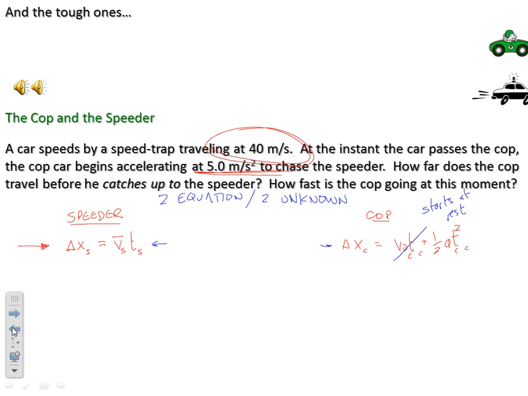And then we have to say, well, there's two equations with two unknowns. We don't know how far the speeder went or for what amount of time he traveled. We don't know how far the cop went or for what amount of time he traveled, but we do know that we can connect them because it says, look, he catches up to the speeder. So that means that at some instant, delta x speeder and delta x cop are the same thing.